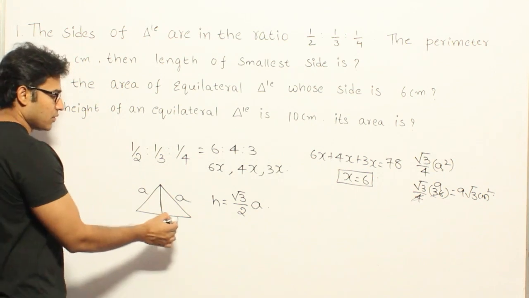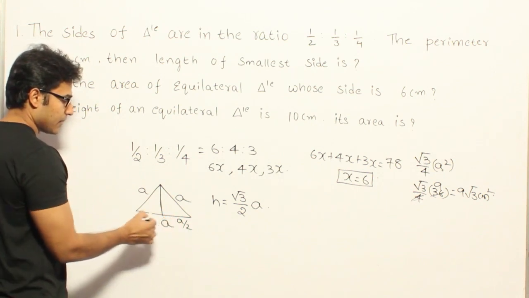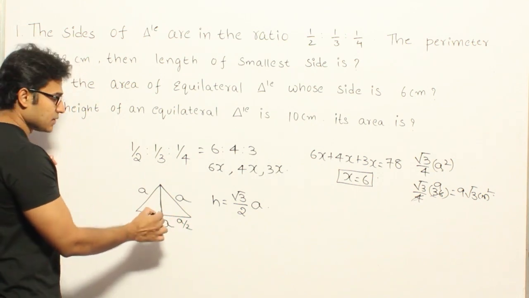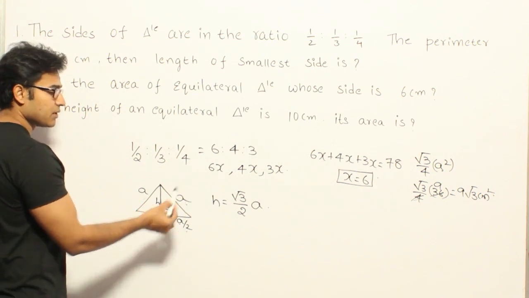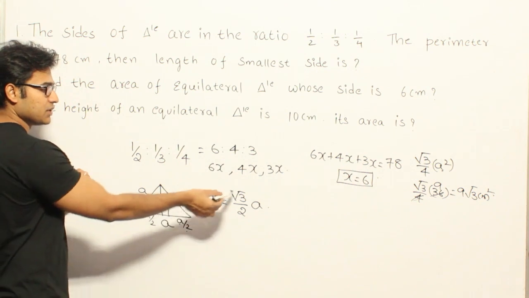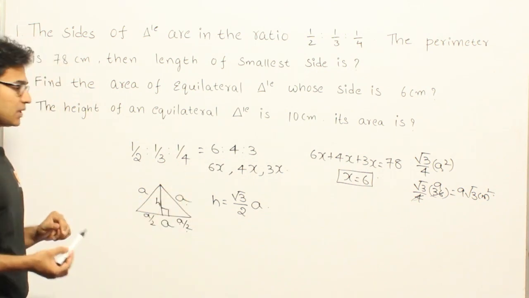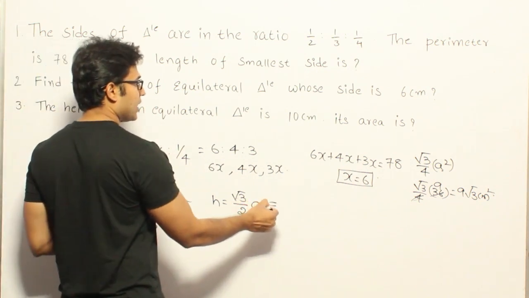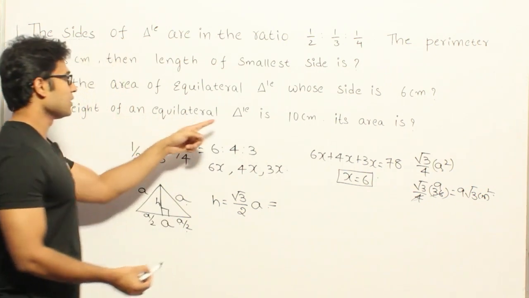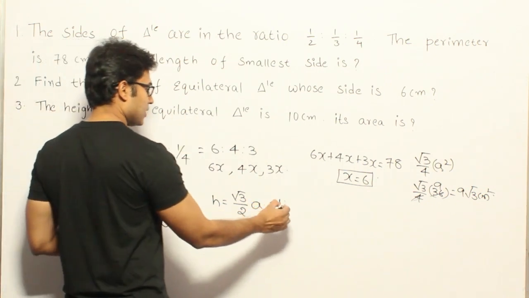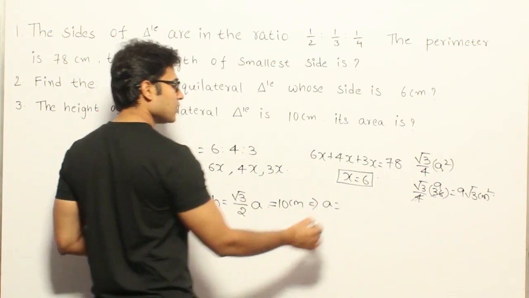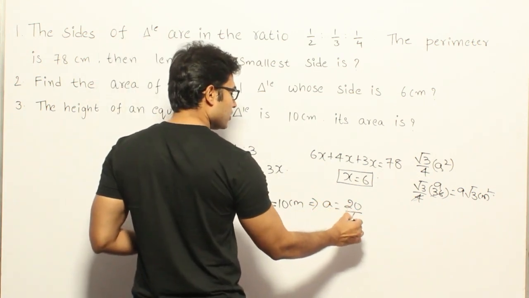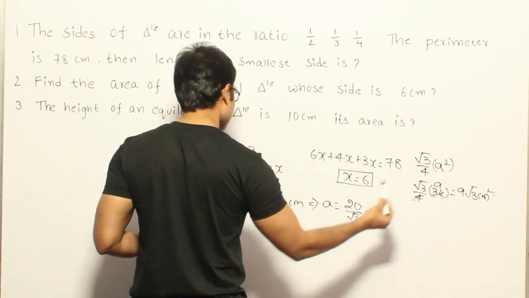This is a by 2 and this is a by 2, and since this is a right angle triangle, h square plus a by 2 whole square equal to a square. From that I got h equal to root 3 by 2 a, right? Now the height is given as 10 centimeters. So what is the value of a? The value of a equal to 20 by root 3 centimeters.